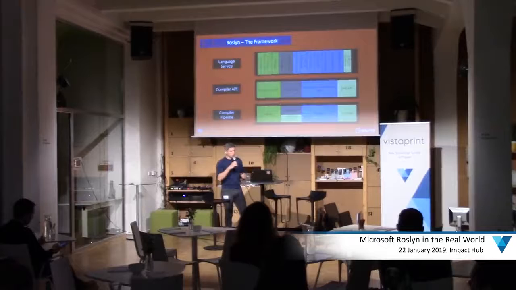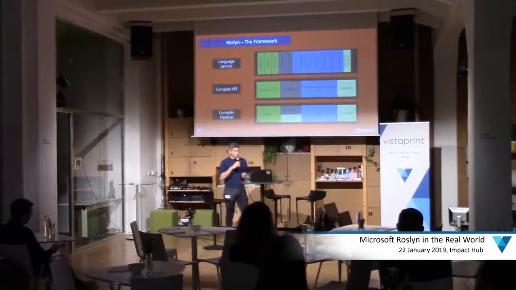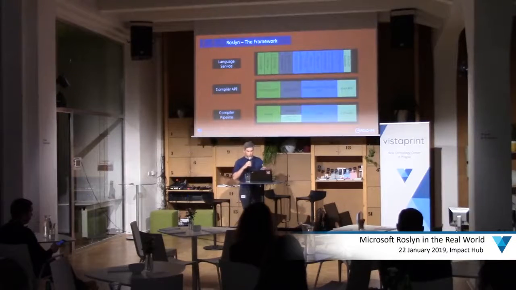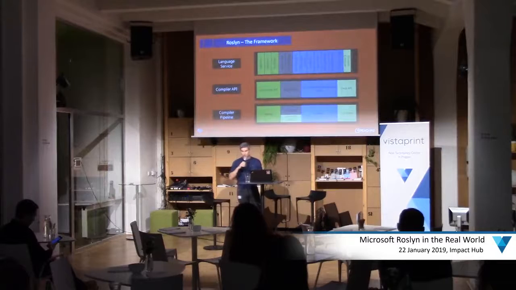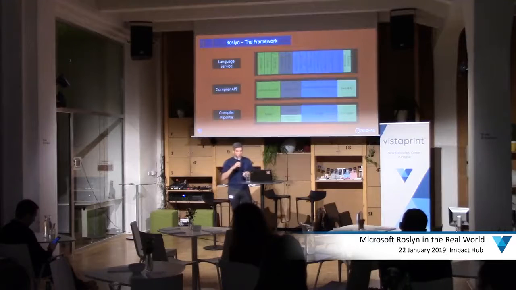If you take a look on the middle part, you can see it does things that usually you don't have to care about. Like it understands the code that the developer is writing, and it parses the code and creates so-called syntax trees, and then it maps the code to so-called symbols and semantic trees, and it does some flow analysis, some other analysis things.